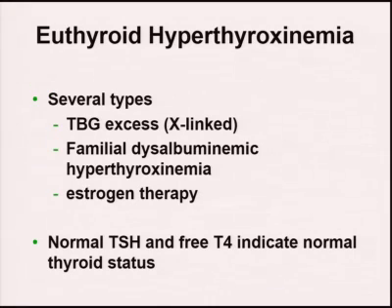Then a condition that's a mouthful, familial dysalbuminemic hyperthyroxinemia. So again, it's familial, indicating that it's inherited. Dysalbuminemic, so this refers to a form of albumin in the bloodstream that is mutated in such a way that it binds thyroid hormone with very high affinity.